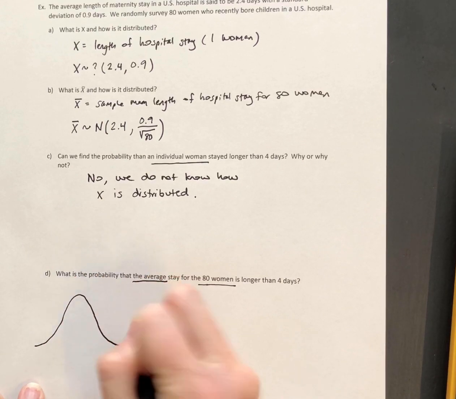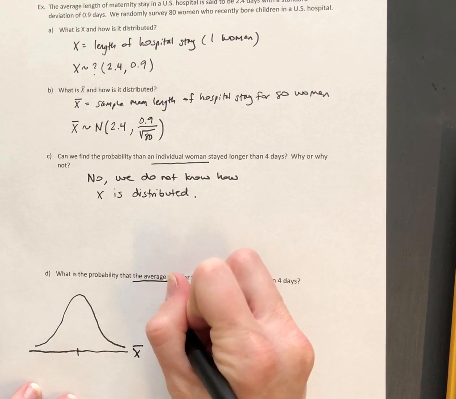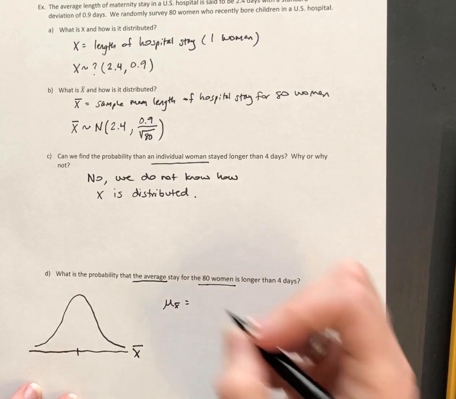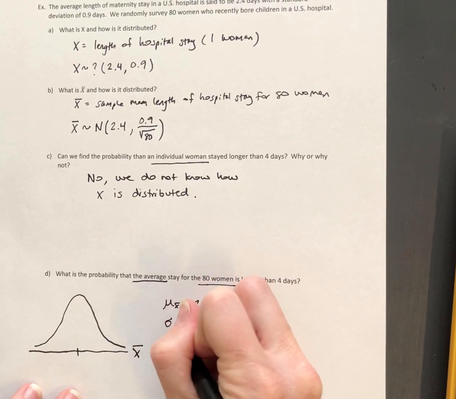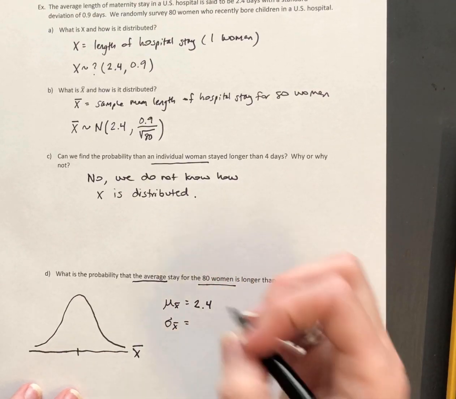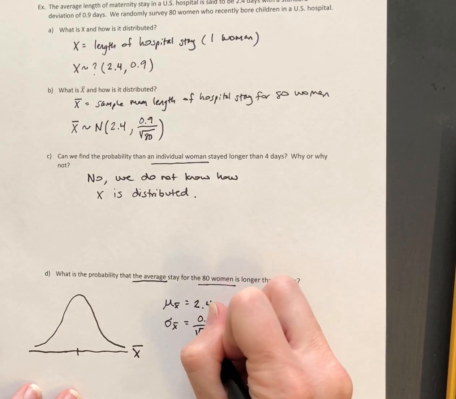And so we could draw X bar having a normal distribution. Its mean is going to still be at the population mean, which was 2.4. Its standard deviation was going to be the population standard deviation over the square root of the sample size.